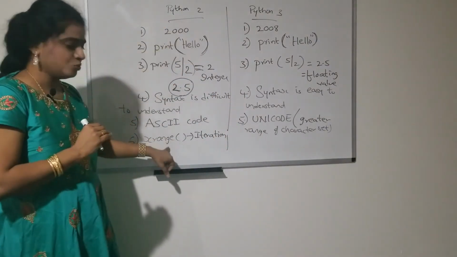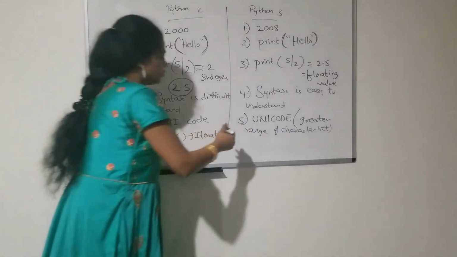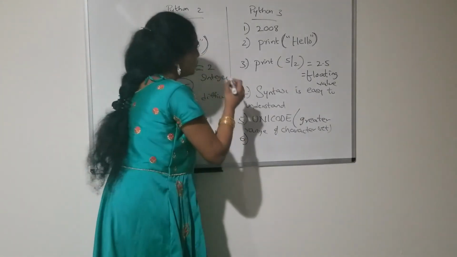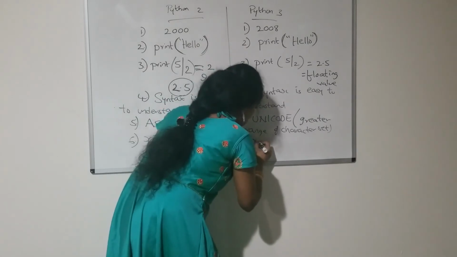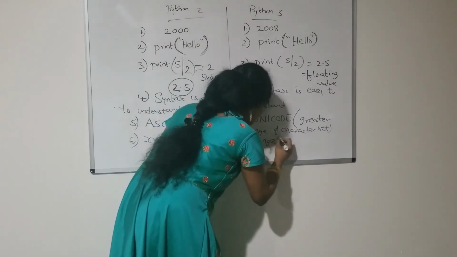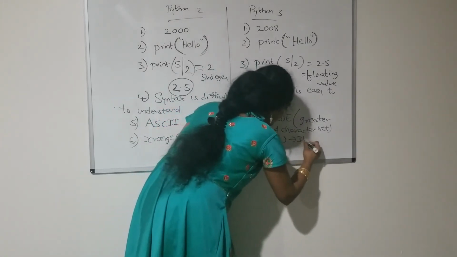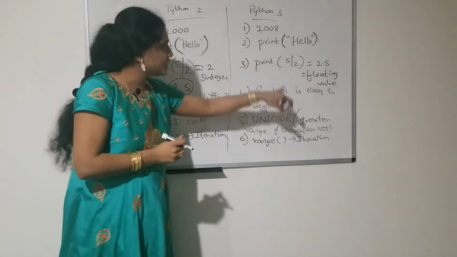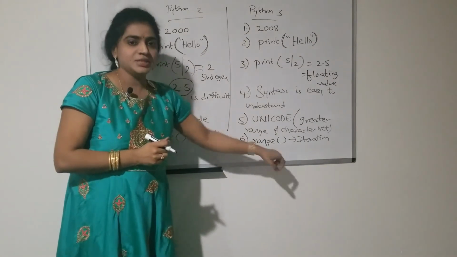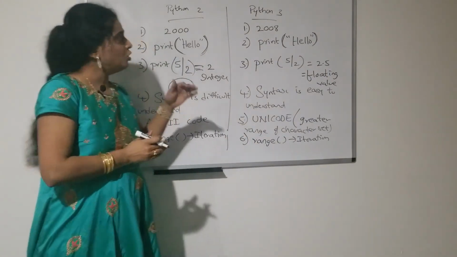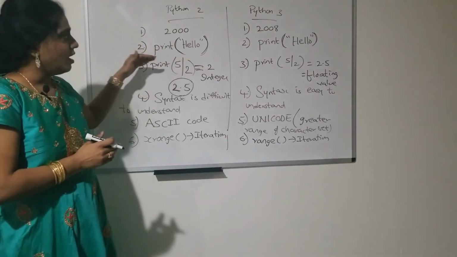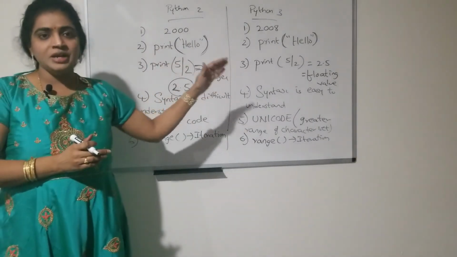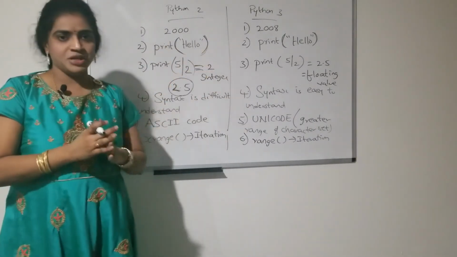Coming to Python 3, the range function is used to perform the iteration process. So these six are the major differences between Python 2 and Python 3 versions.